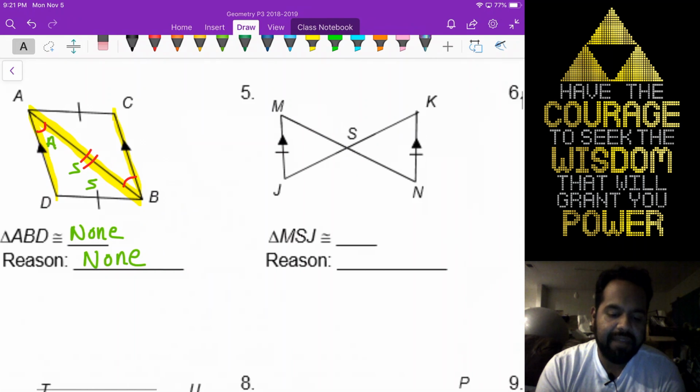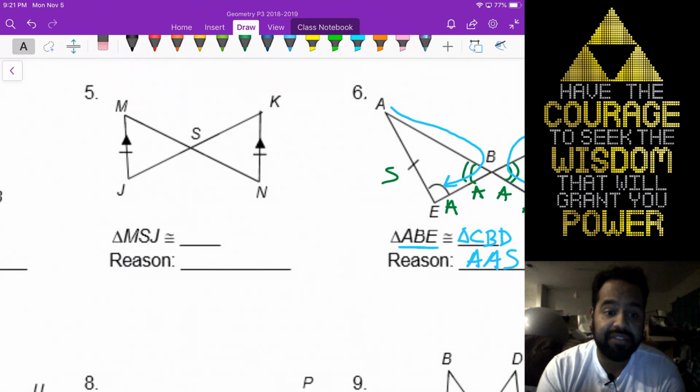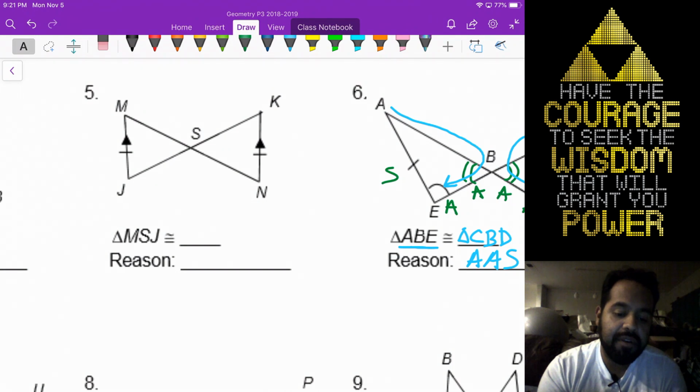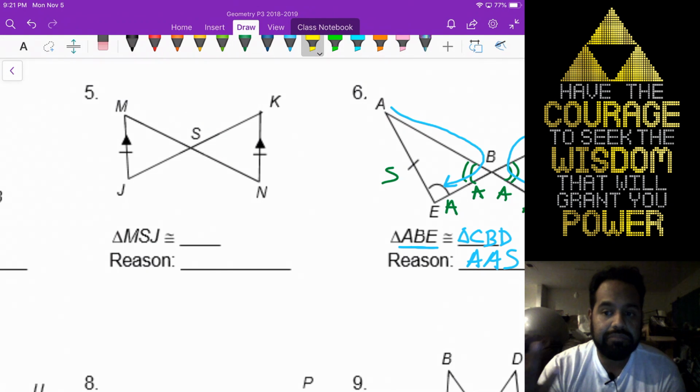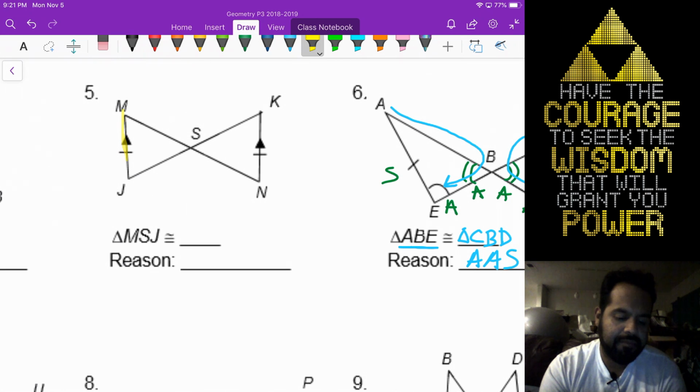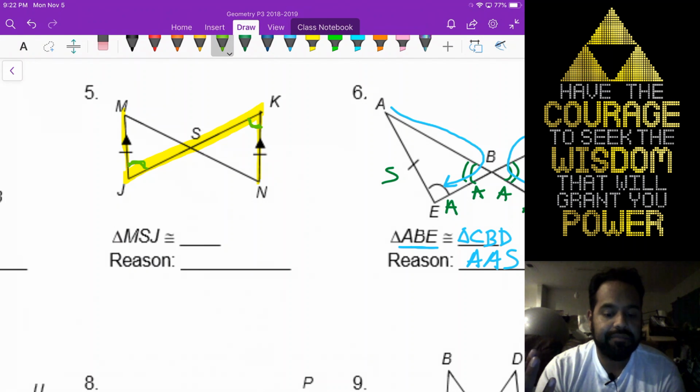Now in number 5, I actually have 2 different answers I could do. There are 2 ways of looking at this. Preferably, I would rather you use one way than the other, but there's a little room for flexibility here. So again, drawing my markings to show these lines are parallel, and then drawing one of my lines for my Z, I can show this angle is congruent to this angle.